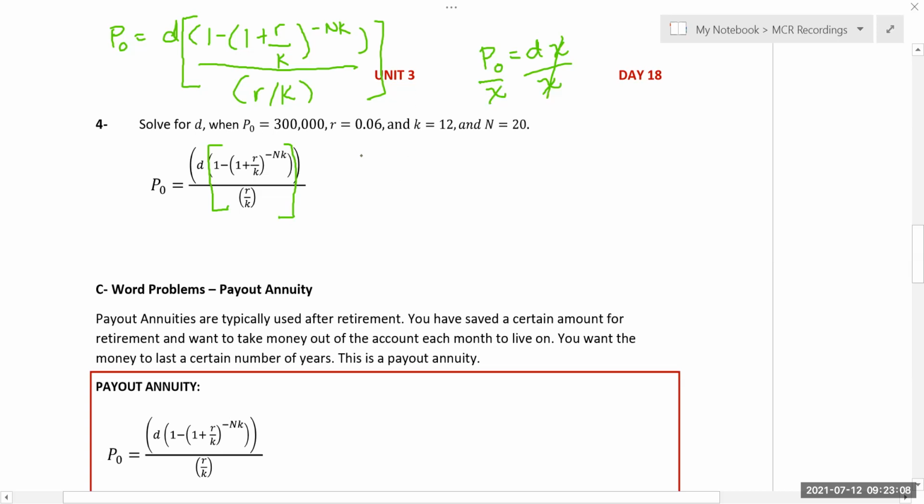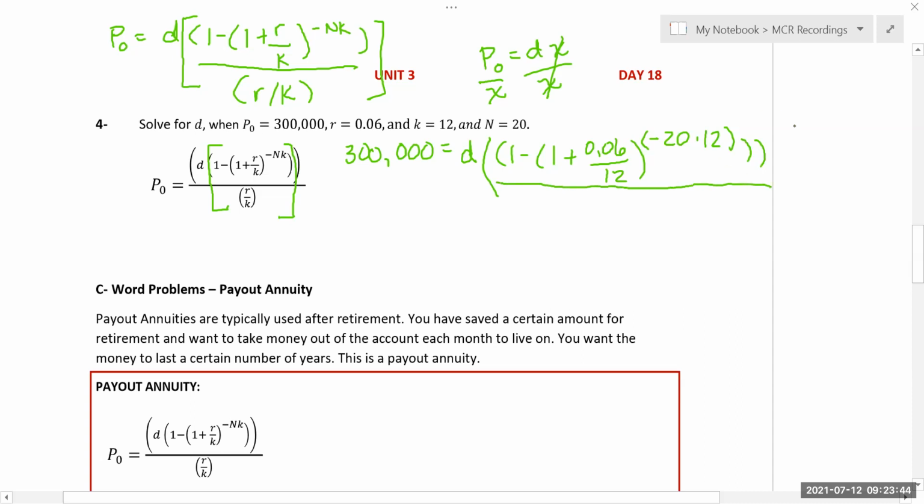So in question 4, it's PO equals, and then I'm going to leave the D out. So 1, remember I put big parentheses here. So I added those in, 1 minus 1 plus R over K. And I'm also going to put in parentheses here to the negative NK, close, close.